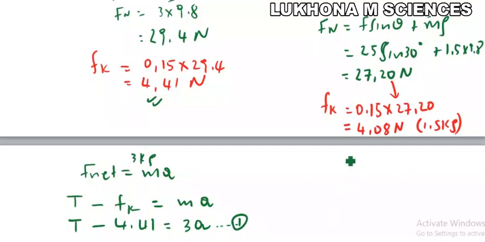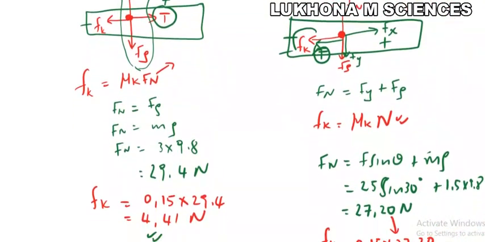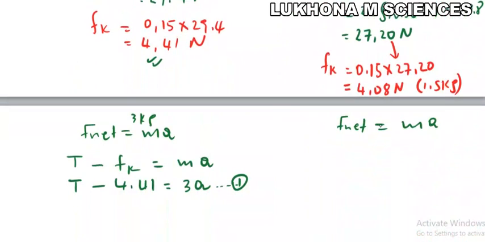Then let's go to object 2. Even on object 2, we're going to say F net is equal to MA. On object 2, we have Fx and friction and tension. So we have positive Fx, minus friction, minus tension, which is equal to MA.